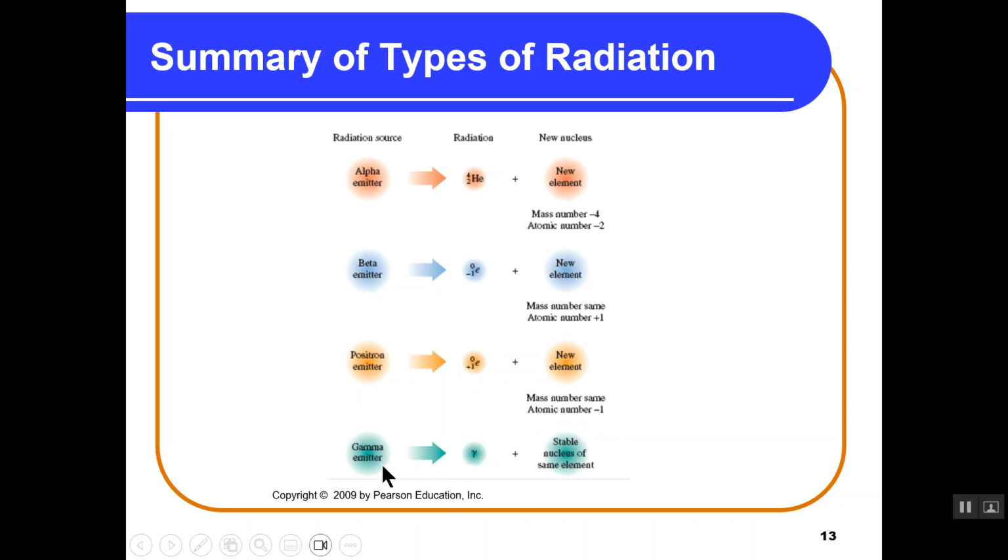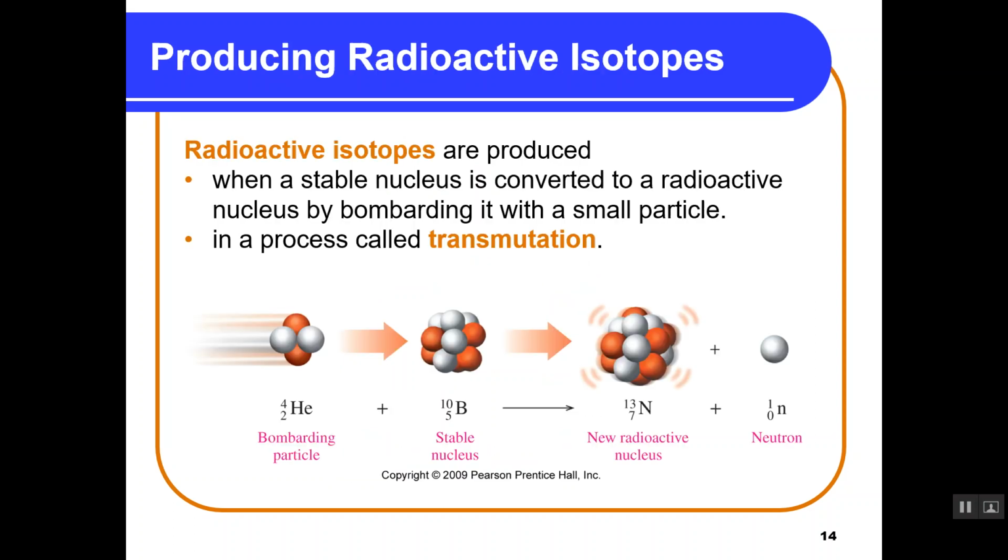And then in the case of gamma emission, there'll be no change in the atomic number or the mass number of the element. So it's basically the same element, but a more stable form of the same element. All right? Okay. Another type of nuclear reaction that can occur is what is called transmutation.